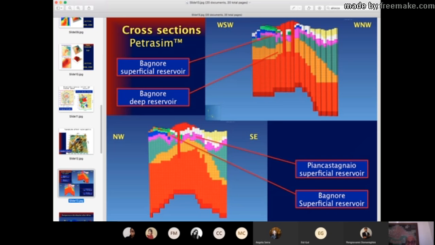These are two cross-sections. As you can see, our model goes down to 7 kilometers, where we have the intrusion. The intrusion is supposed to be impermeable, and our intrusion has sort of a top below the volcano and goes down to the side outside the volcano.